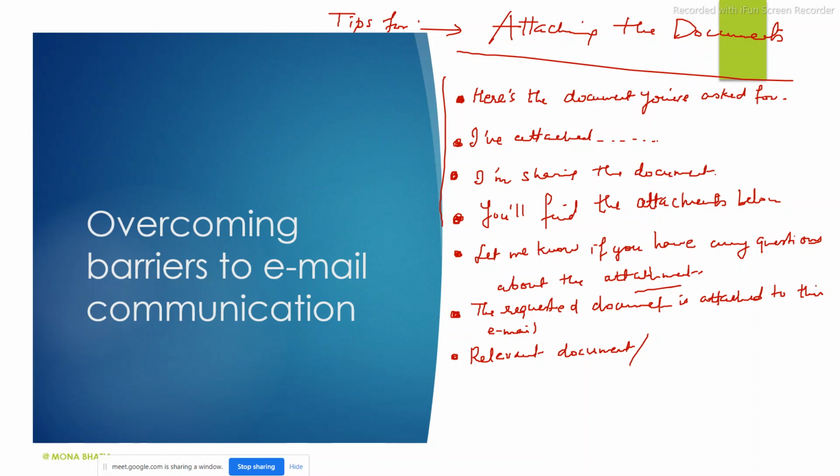Relevant document or information is attached. और यहाँ पे आप information की जगह पे फाइल भी लिख सकते हो, है ना. Relevant file is attached, relevant document is attached. That depends on you कि आपको क्या लिखना है. So if you have a variety, you also don't feel bored कि ऐसा ही लिखना है, हमेशा एक ही स्टाइल से लिखते जाओ.